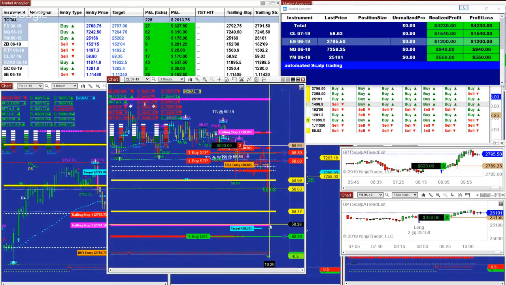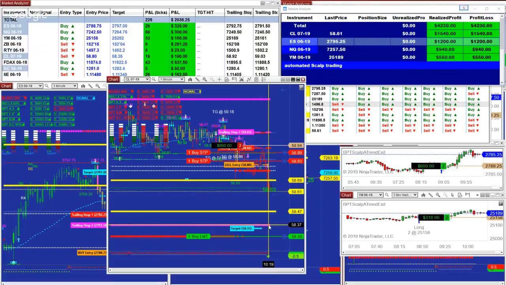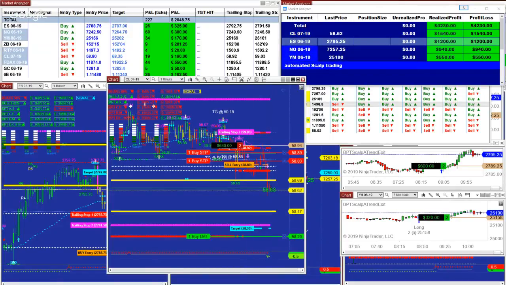Once we break it, our final destination is 58.37. Keep your eye on 58.63, please.